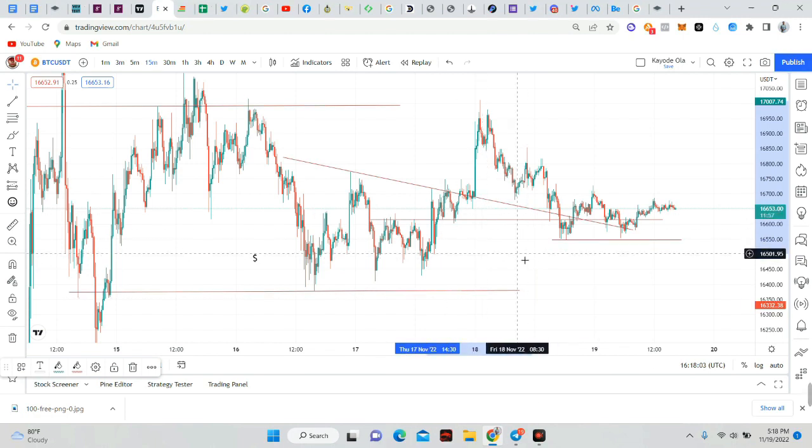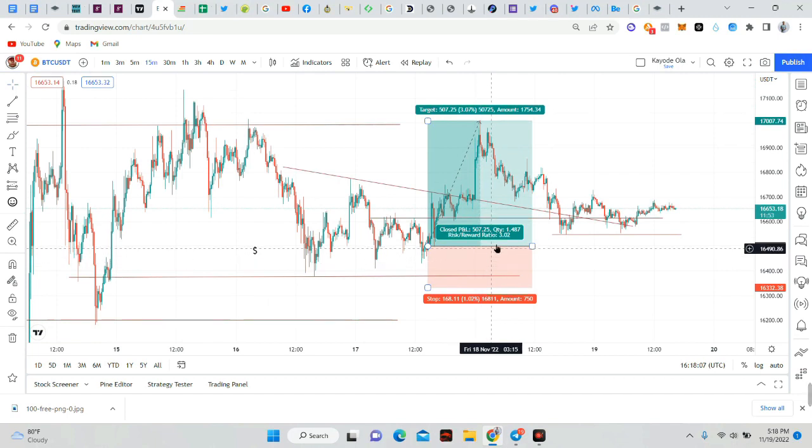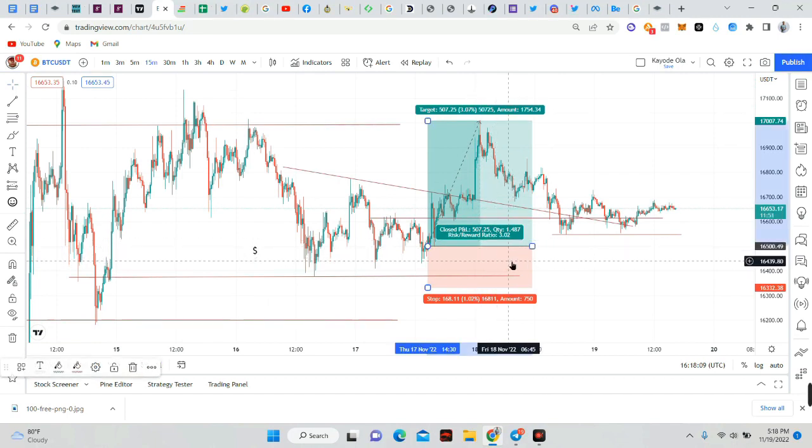So if I trade this particular market on futures, and I use 10x to trade it, if the market hits my stop loss at 16,332, I'm going to lose $100, which is 10% of my margin. Now let's assume I'm using 5x.